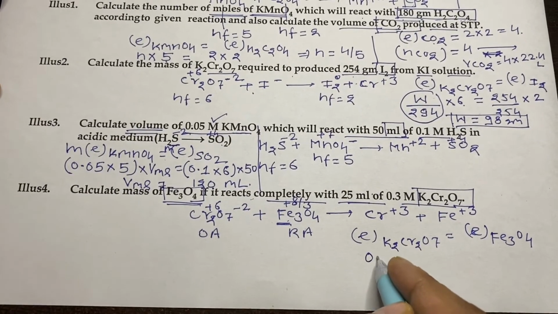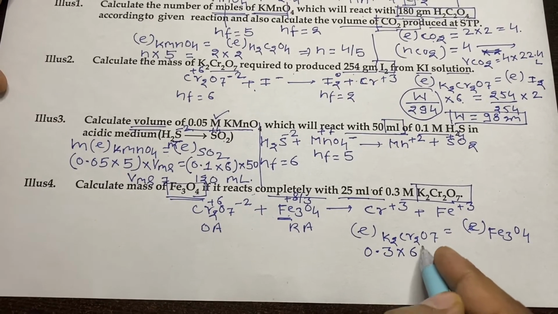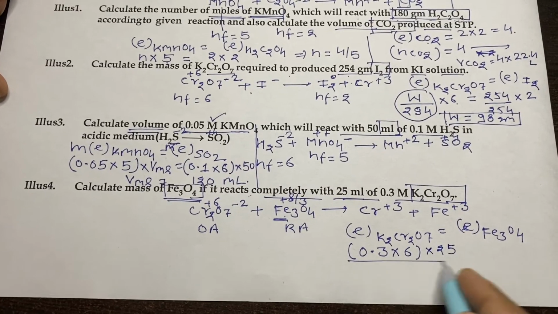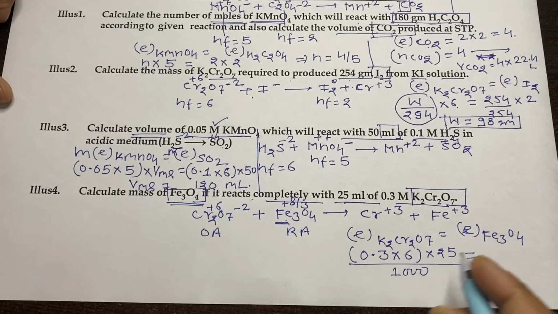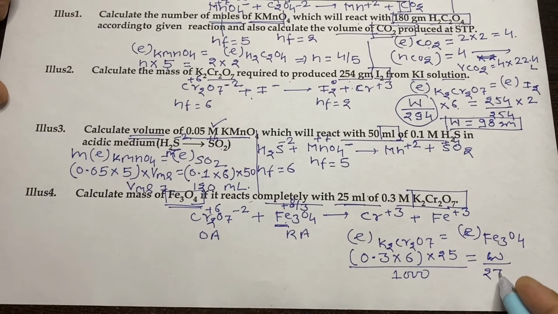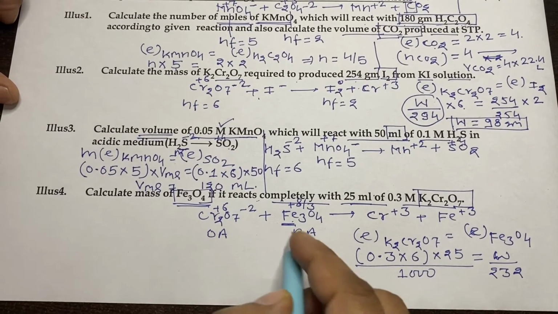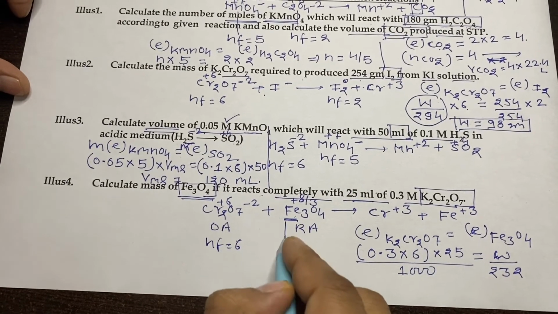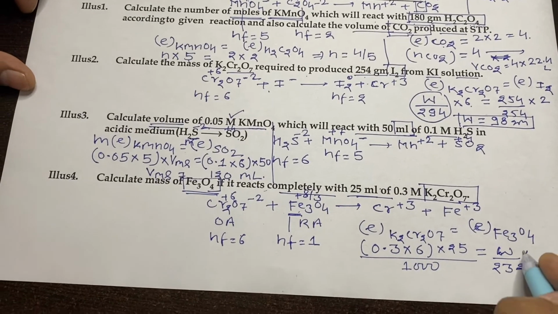Now 25 ml is given, so we must be careful about this. So 0.3 is the molarity, the n factor is 6. Now it becomes normality, into 25 it is milliequivalents, divided by 1000 it becomes equivalents. That will be equal to W, the mass of Fe3O4, 232 is the molecular mass of Fe3O4, and the n factor of Fe3O4 will be 1.